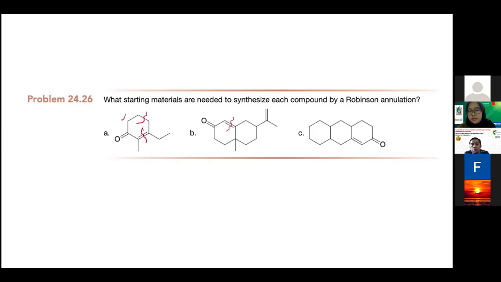Here is alpha beta, the double bond, so we can deduce we can make this structure as the starting material. Yes, so this is where the Michael reaction occurred.